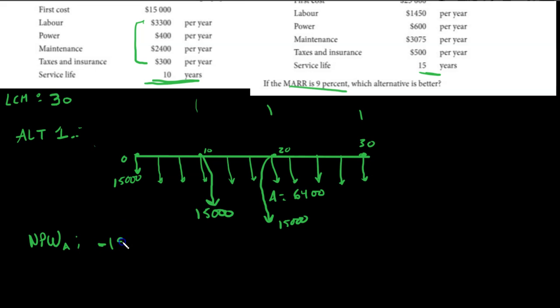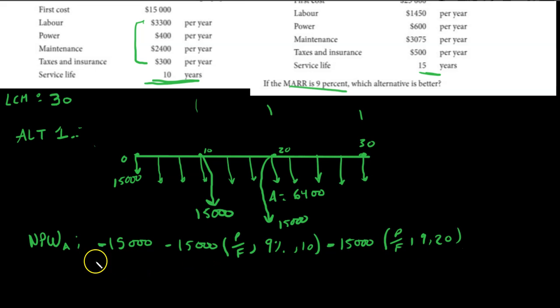So the first cost of negative 15,000. Let's just do the first costs really quick. So minus the second first cost. Now bring this to the present, P from F, at our MARR, which is the interest used for this problem, 9%, at year 10, minus the next first cost, 15,000, P/F, 9%, at year 20, and then we can do the annuity, so minus 6,400 P/A, 9%, and this goes on for 30 years.